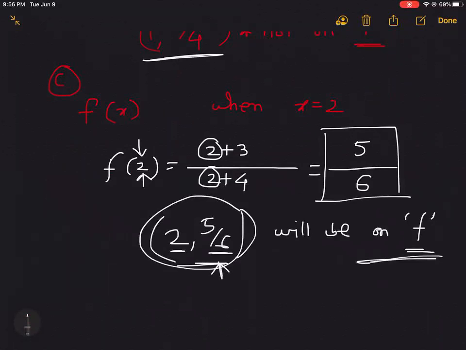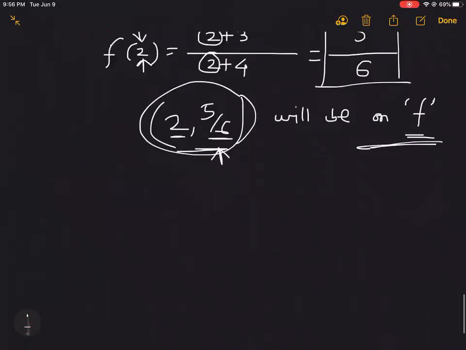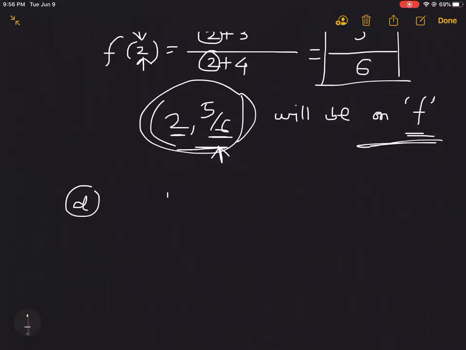Okay, now for D, we want to find the value of x. That means it's actually the other way around, for which our functional value is 4. So that means we want to find the value of x for which the corresponding value will be 4.